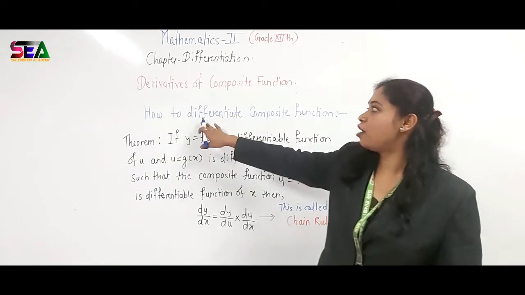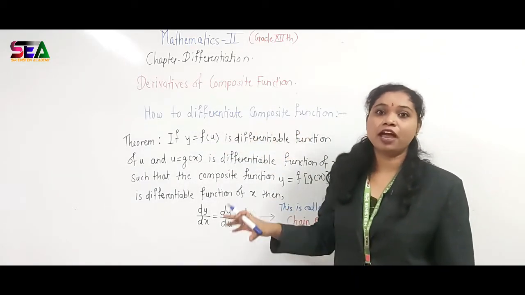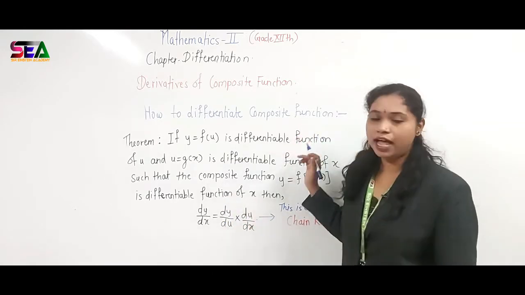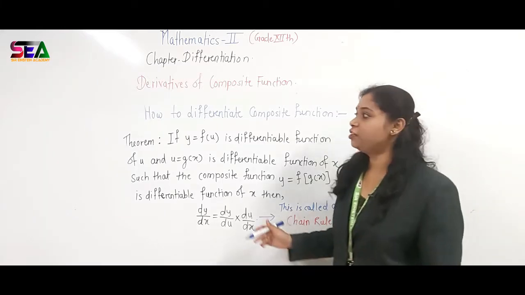The next question arises: how to differentiate a composite function? To differentiate a composite function we have one important theorem, called the chain rule theorem. So let's proceed to the theorem.